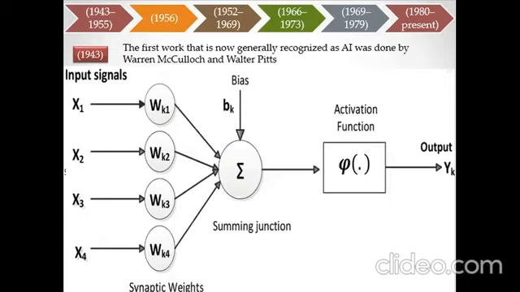In the summing junction, X1 times W_k1 plus X2 times W_k2 plus X3 times W_k3 plus X4 times W_k4 plus this b_k is added. That summation is called the net input to the network.